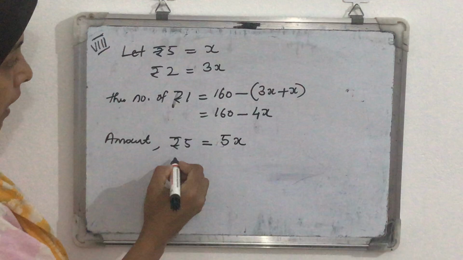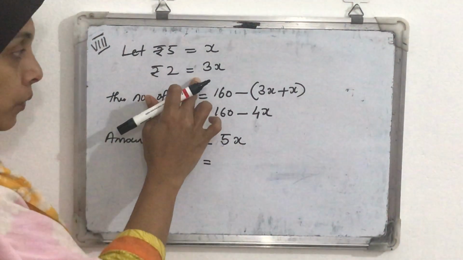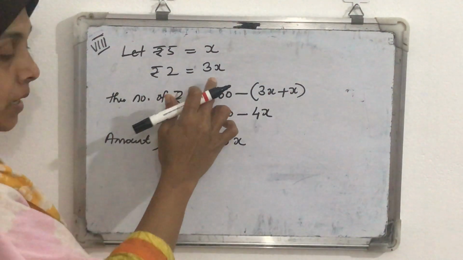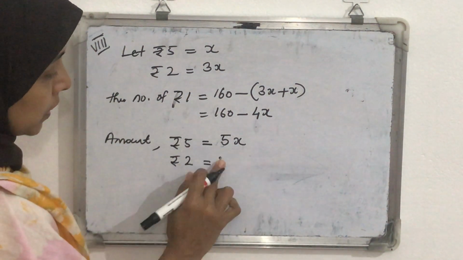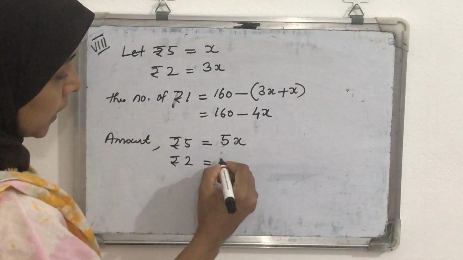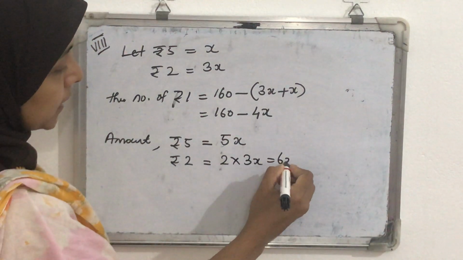Just like that, the amount from 2 rupee coins: the number of 2 rupee coins is 3x, and the currency is 2, so 2 into 3x will be 6x.